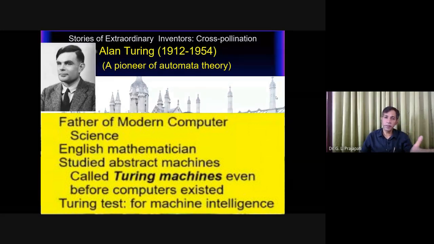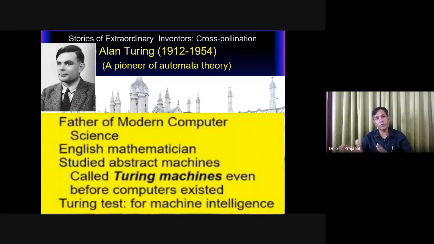You are interrogating, and getting replies. If for 5 minutes you are not able to recognize which partition contains the machine and which contains the human being, then it is believed that the machine has passed the Turing test. This was the very simple test conducted during the 1950s by Alan Turing.